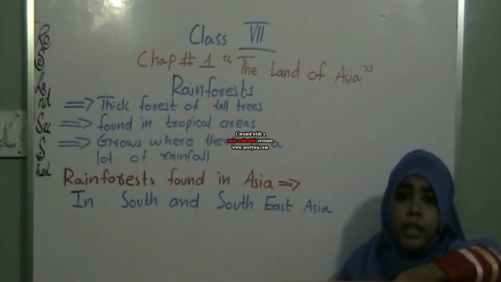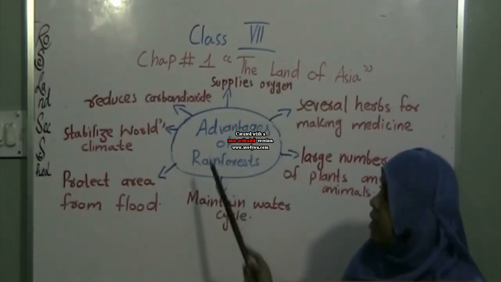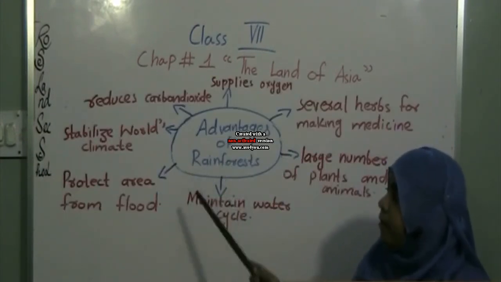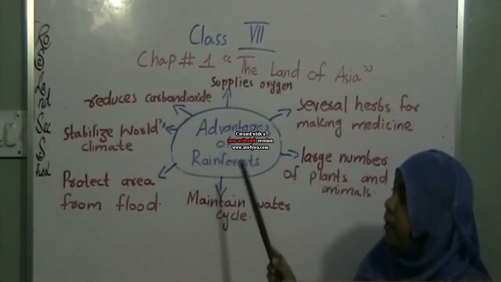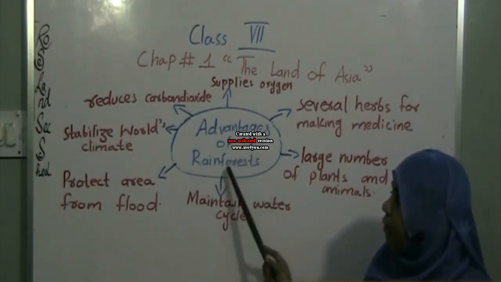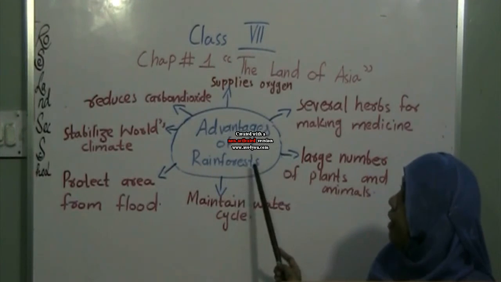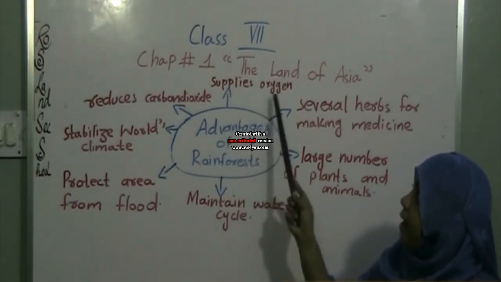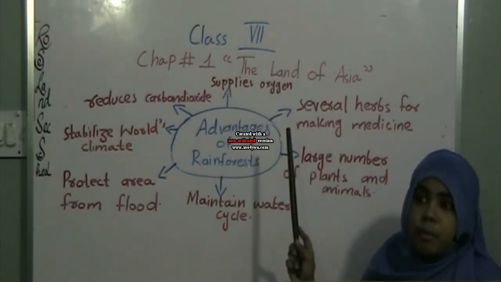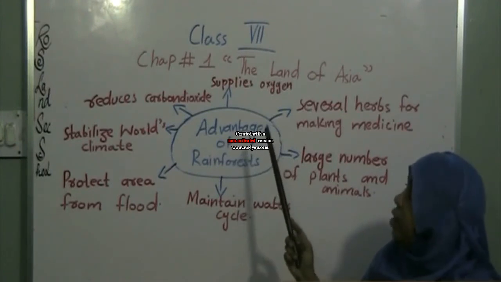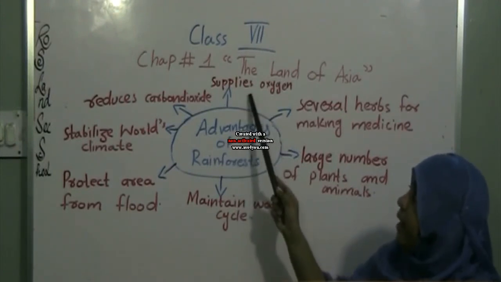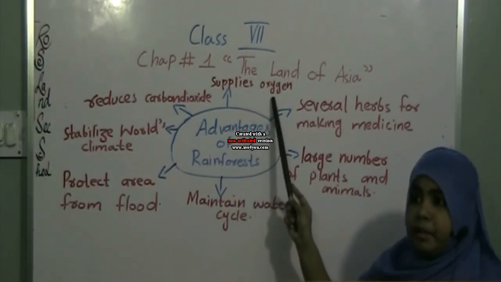Now class, heading towards some of the advantages of rainforest. Here we have a spider web diagram, and with the help of it we will read about some of the advantages of rainforest. The first advantage is that it supplies oxygen in a large quantity because it has lots of trees.